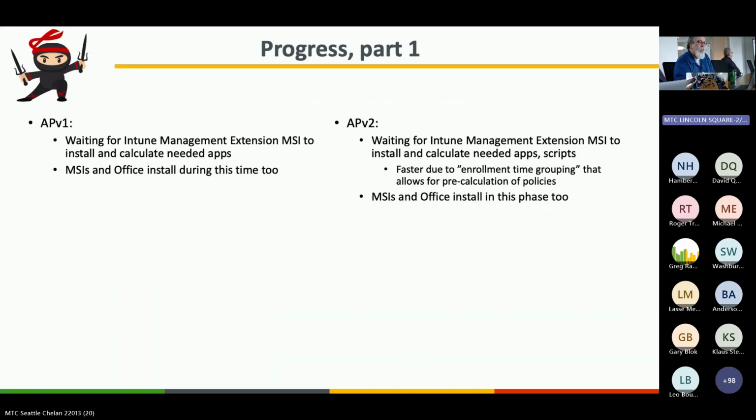So there are other things that can happen in the background, actually on both APV1 and V2. Other MSIs that you target to the machine can install during that phase. And if you use the Microsoft 365 apps app type, it can install in the background at that point as well. It's only the Win32 apps and PowerShell scripts that come later.